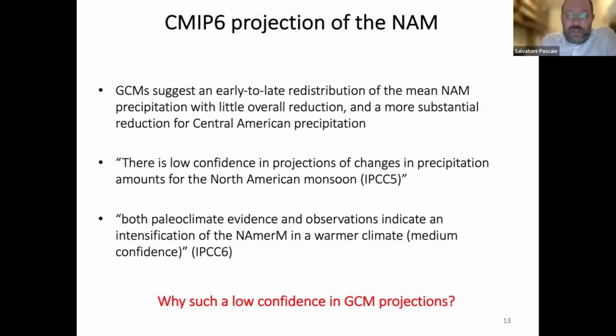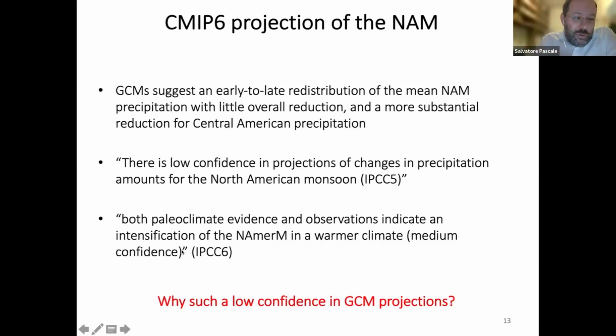The updated version of this statement, where authors also considered lines of evidence from paleoclimates, is that both paleoclimate evidence and observations indicate an intensification of the North American monsoon in a warmer climate. But again, the statement comes with medium confidence. So overall, we have low to medium confidence in these projections, okay?